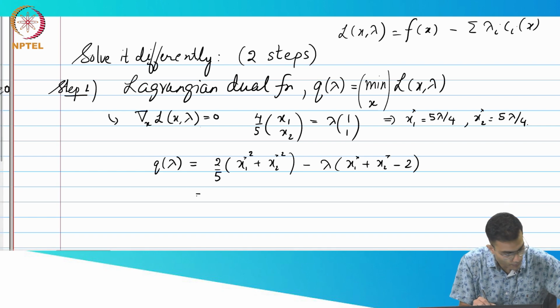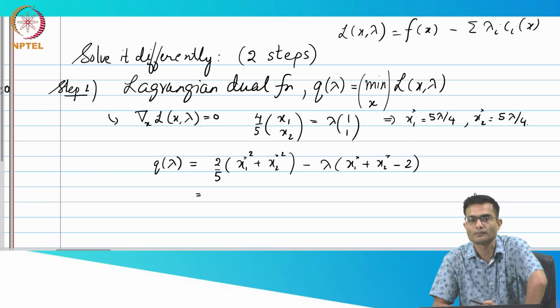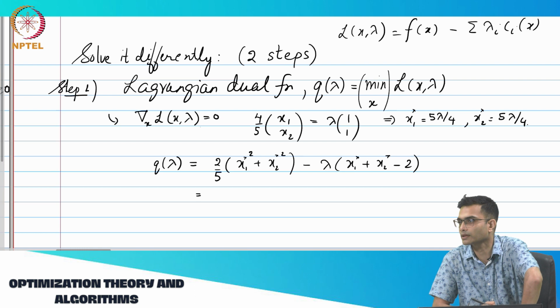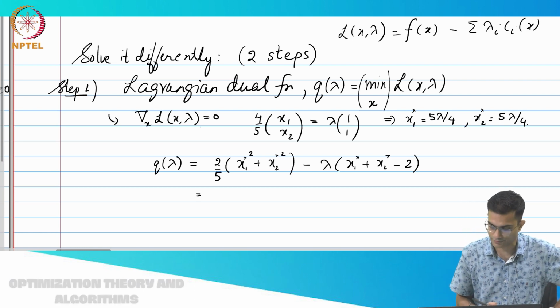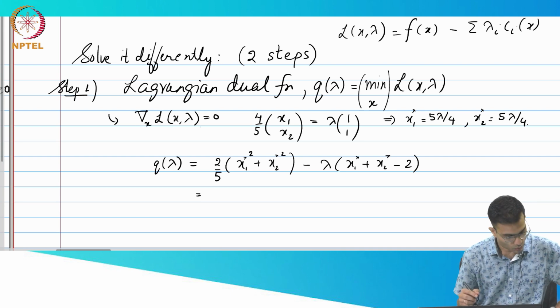What kind of a function do you expect I will get in lambda? Trigonometric, exponential, quadratic? Looks like a quadratic, right? You can see because x1 is basically 5 by 4 lambda.